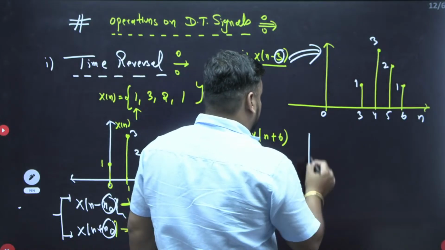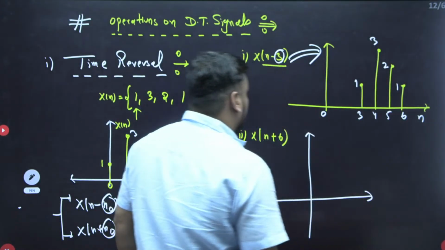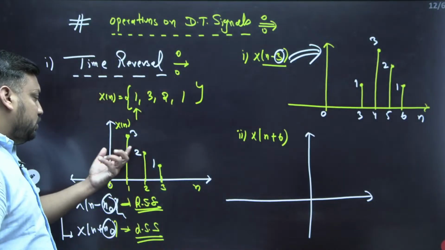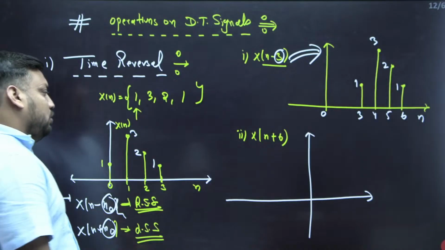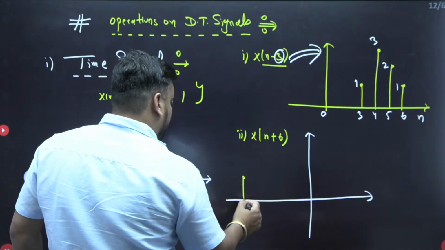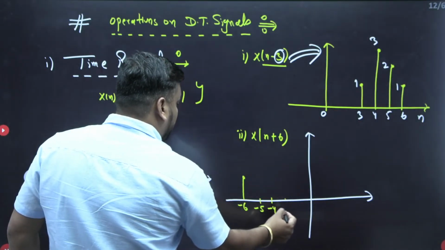If I am looking for x of n plus 6, n plus 6 means you have to shift this signal by 6 distance in the left hand side. So your 0 will become minus 6, and of course minus 5, minus 4 and minus 3.